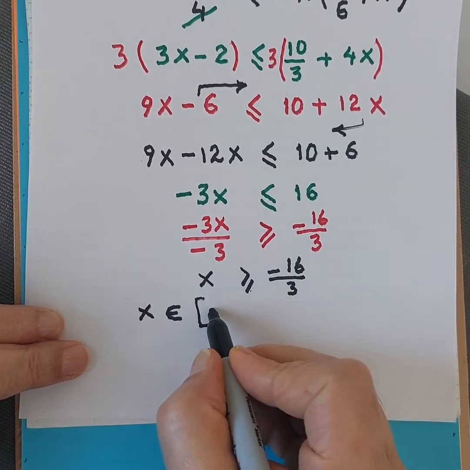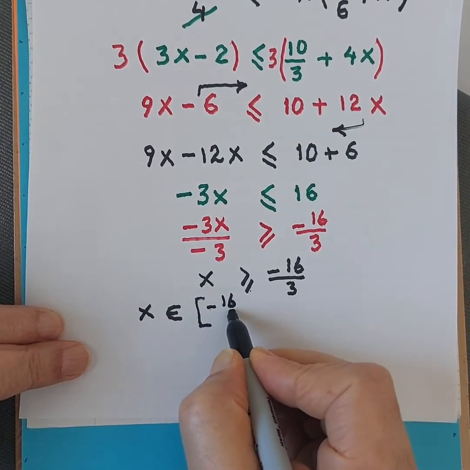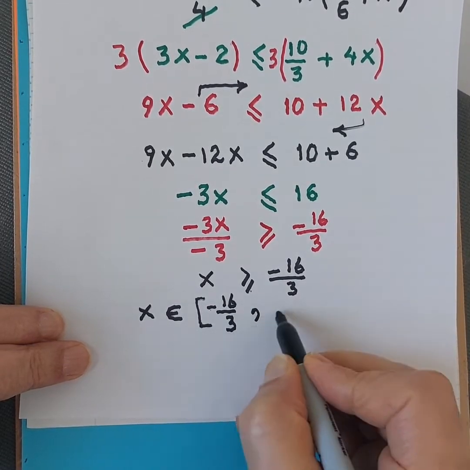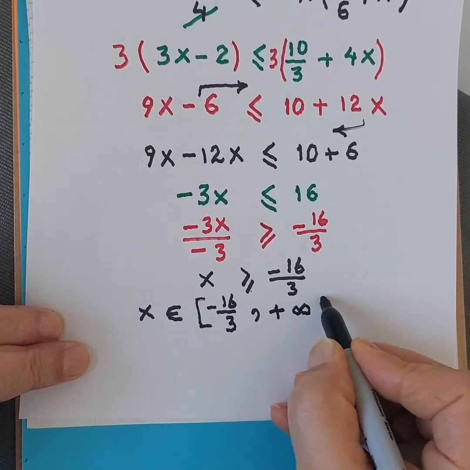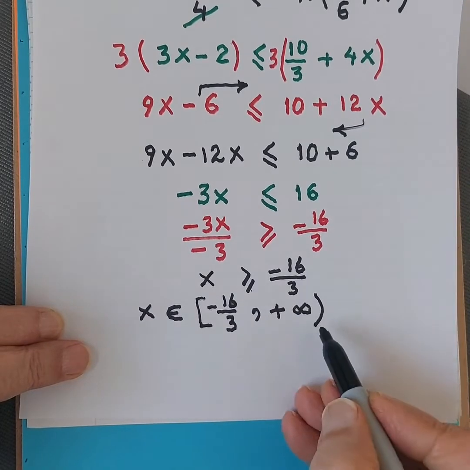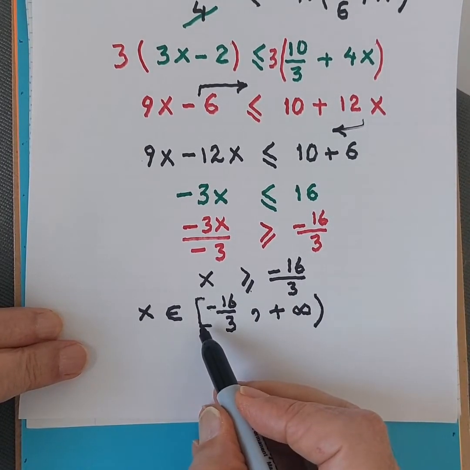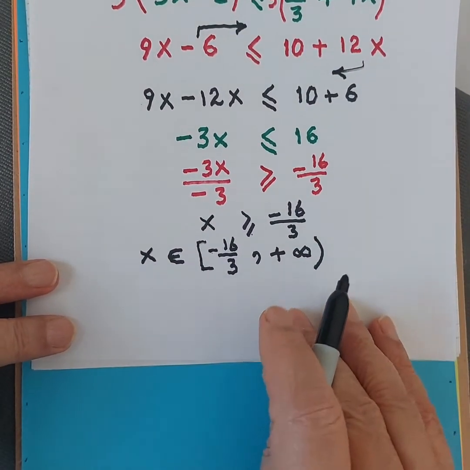Closed from negative 16 over 3 and go all the way to plus infinity. Always at infinity it's open. So here we make it open. Here it's closed.